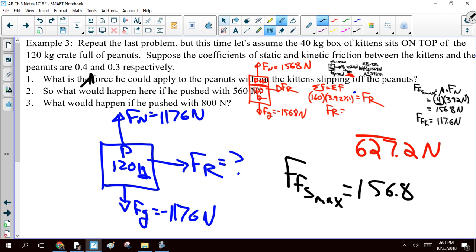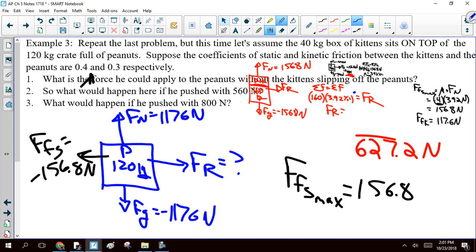So what pushed the kittens forward was the friction from the peanuts. In other words, the peanuts are pushing the kittens forward. Well, that means the kittens are pushing the peanuts backwards with a force of negative 156.8 newtons, right?